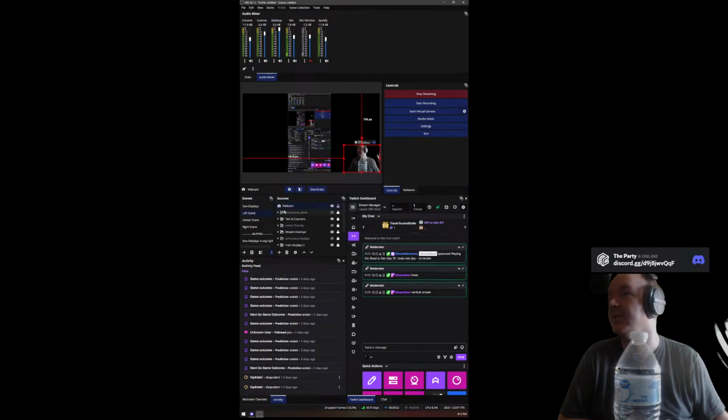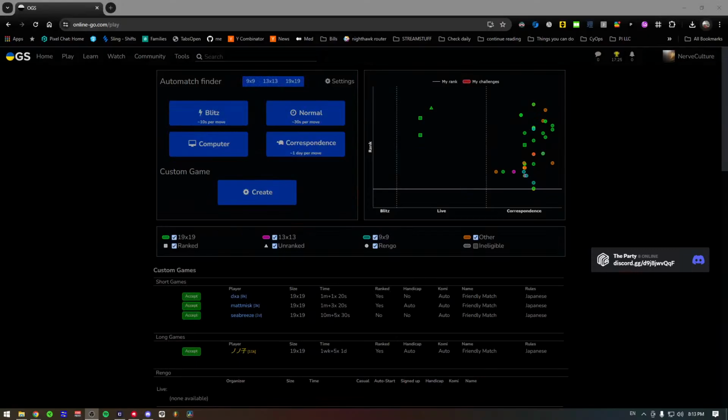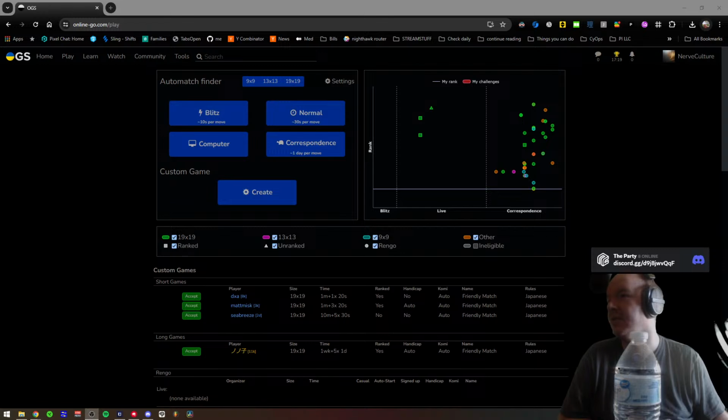Webcam. Copy, and we can paste a duplicate on the other scenes. Paste reference, rather.